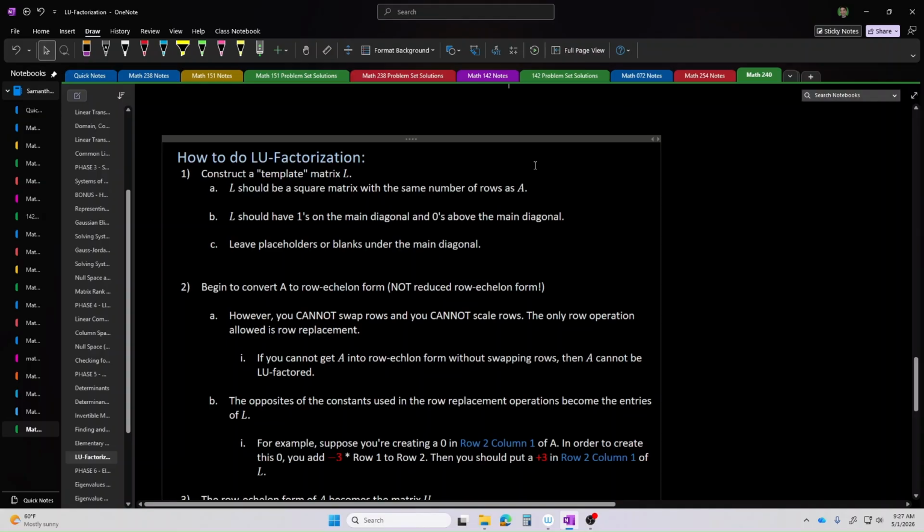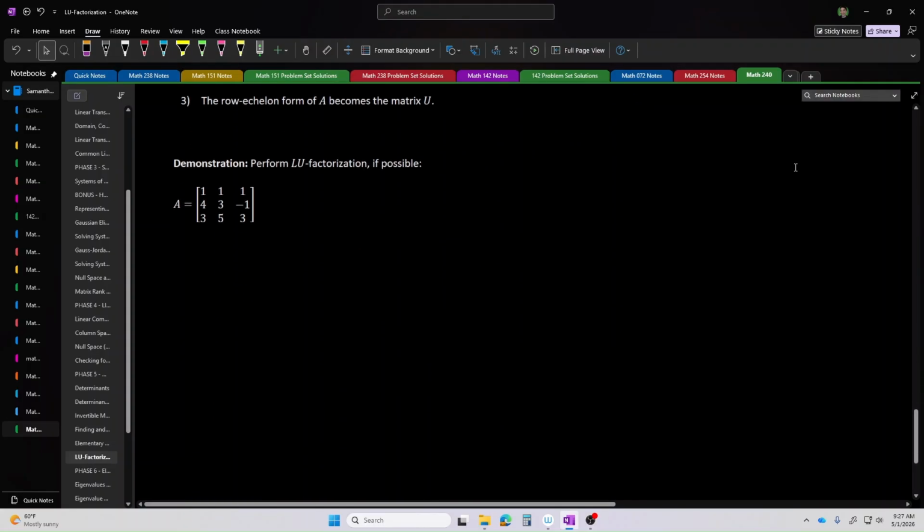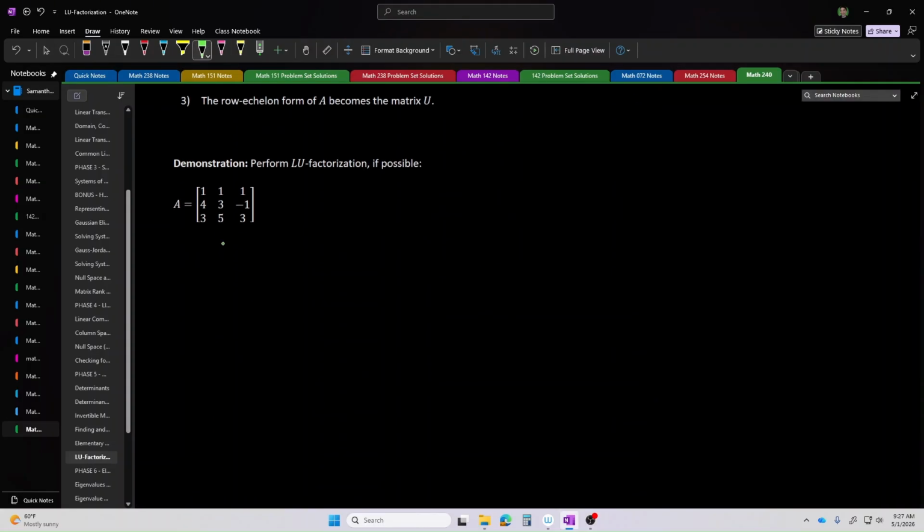You start out by writing down a lower triangular matrix L, and you set up the matrix L in sort of a template format. First of all, how large should L be? The size of your lower triangular matrix L should be a square matrix with the same number of rows as A. So if I take that step into this demonstration, my matrix A has 3 rows.